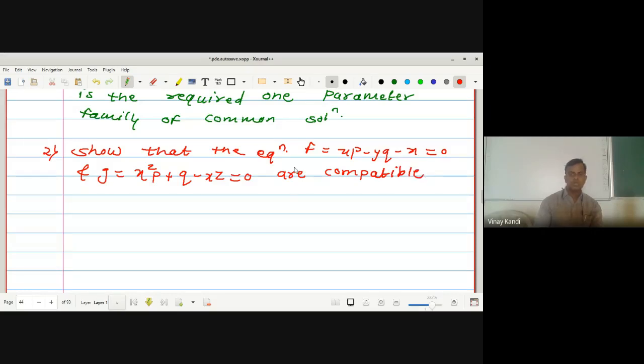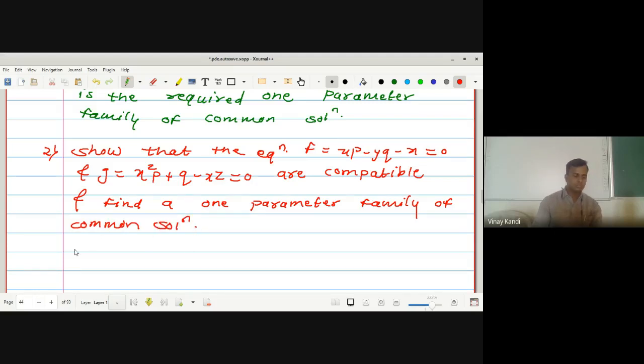These two are compatible, and find the one parameter family of common solution.